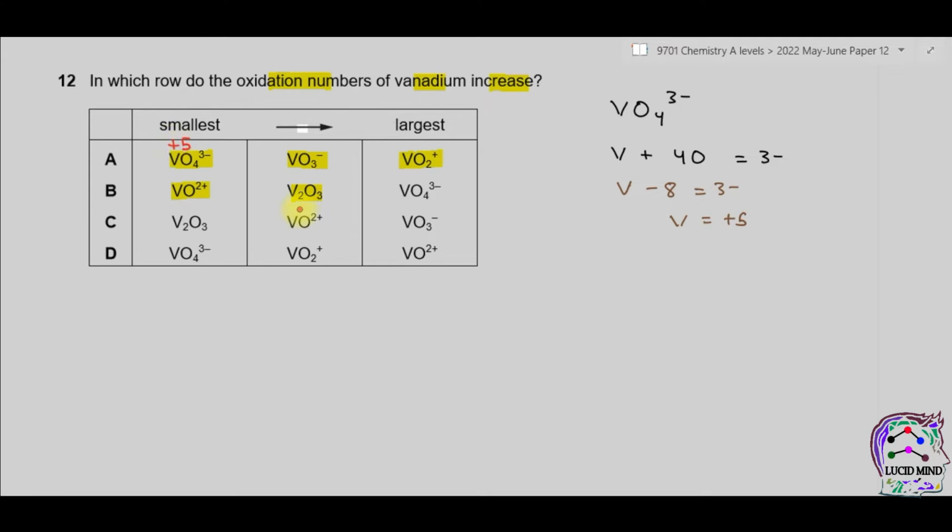So VO4 3- is +5. Second one is VO3-. So 1 vanadium, 3 oxygens, and overall charge is -1. So V minus 6 equals -1, or V is +5.